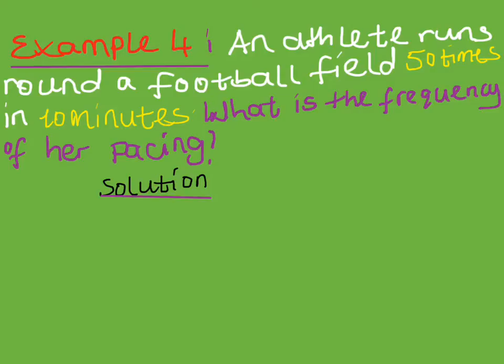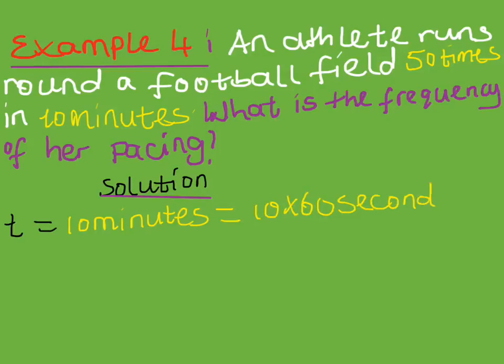How many oscillations are made? Or how many complete cycles are made? The athlete going round the football field 50 times means she makes 50 oscillations, 50 complete cycles in 10 minutes. So our N here will be 50.